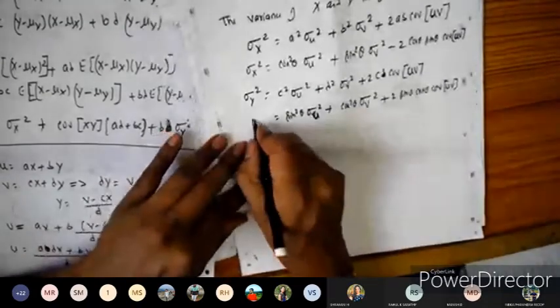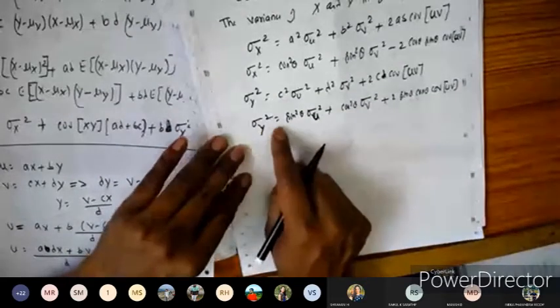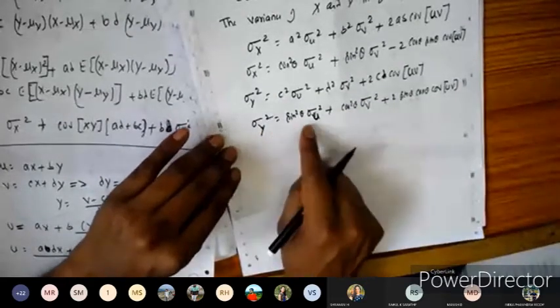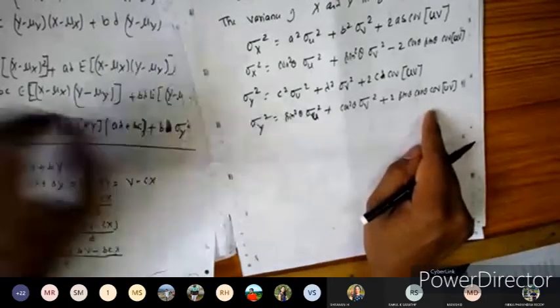So that one we get here. So we got the variance of the transformed random variable for the inverse transformation. So sigma y square is equal to sin square theta sigma u square, like this.